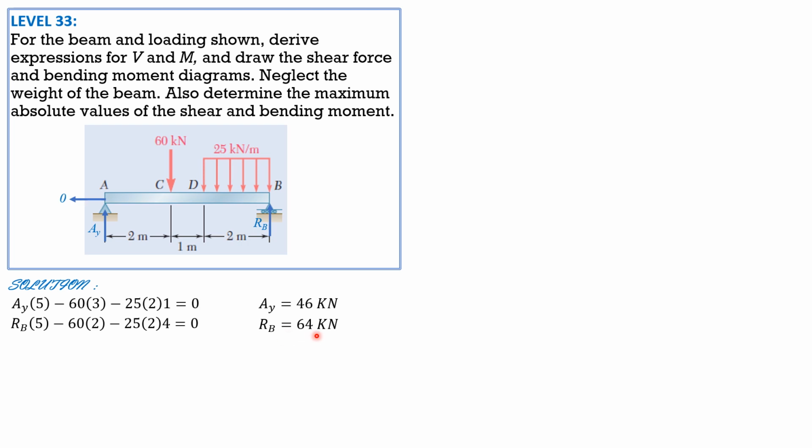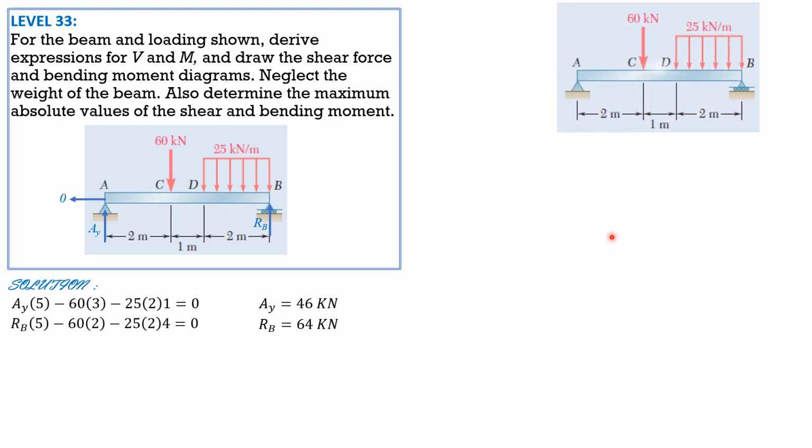So you only check your answers after the moment equations. 46 plus 64, that's 110, minus 60, 50, minus 25 times 2, so 0. So that checks. For the shear and moment diagram construction, let's have here the reactions. And this time I'll solve this in more detail so that those who are weak can follow.